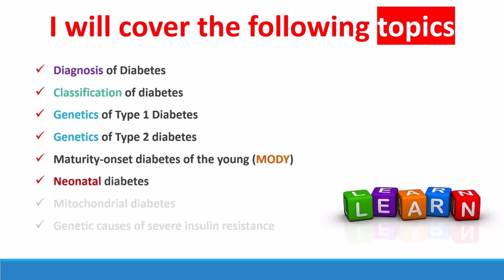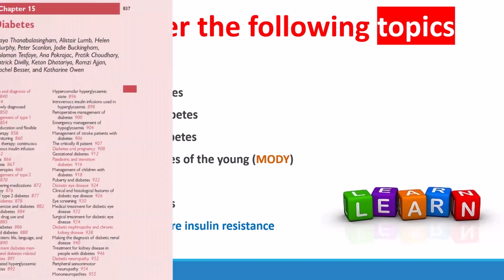Neonatal diabetes, mitochondrial diabetes, and genetic causes of severe insulin resistance are also very important. So from this first session, you will see at least 6 to 8 questions in the final exam.